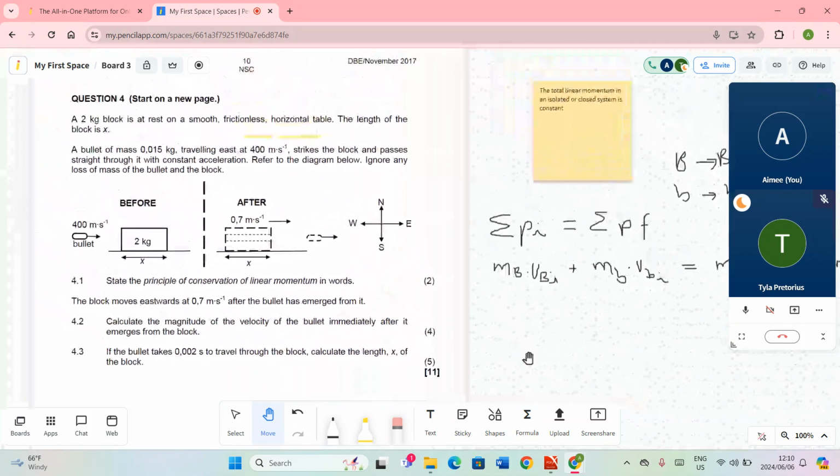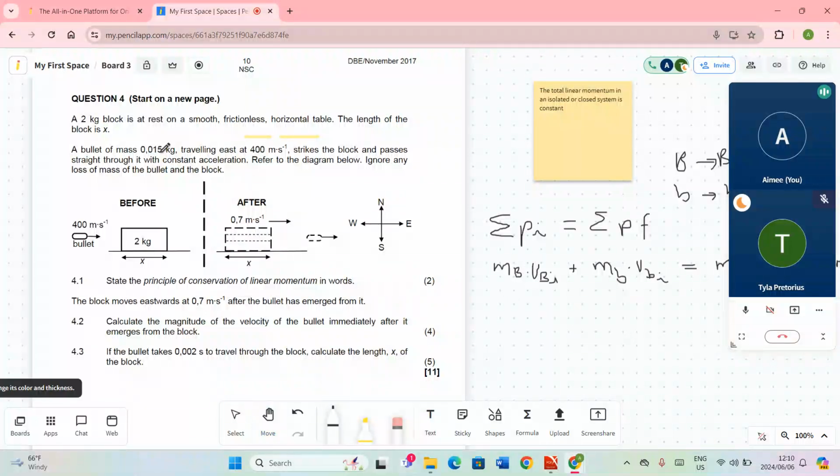What is the mass of the bullet? The mass of the bullet is 0.015 kilograms.